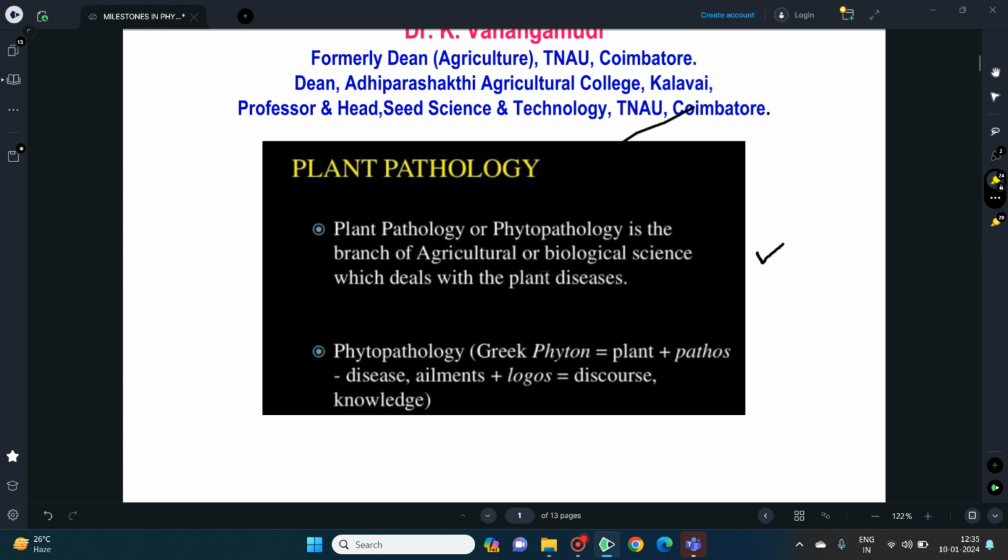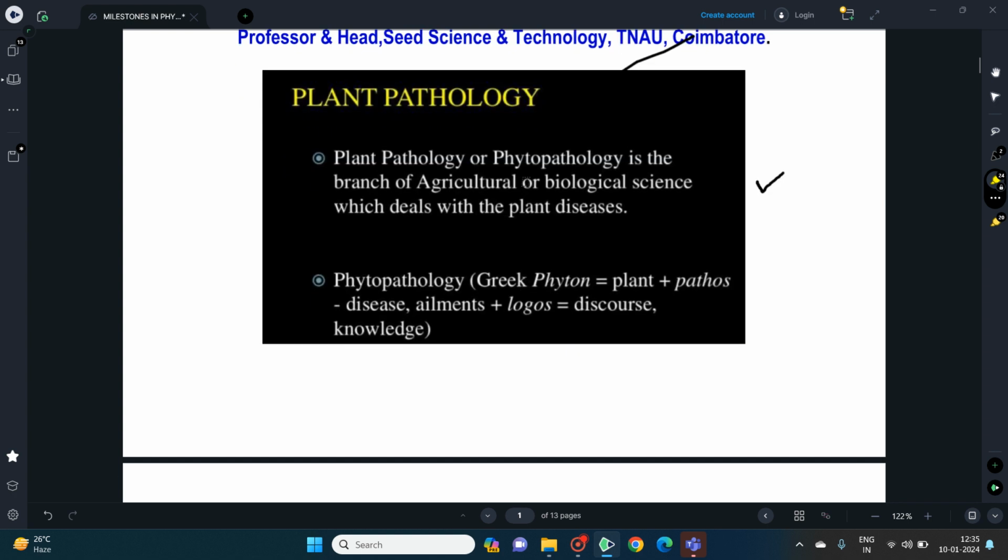Phytopathology comes from Greek terms: phyton means plant, pathos means diseases and ailments, plus logos, which means discourse, that is the knowledge.